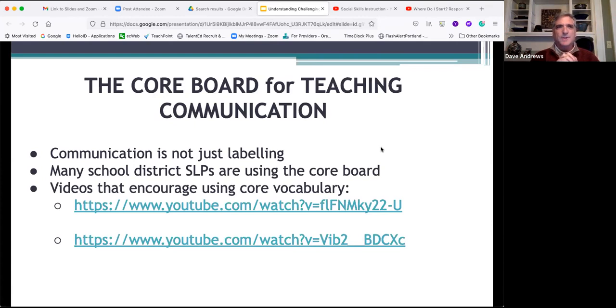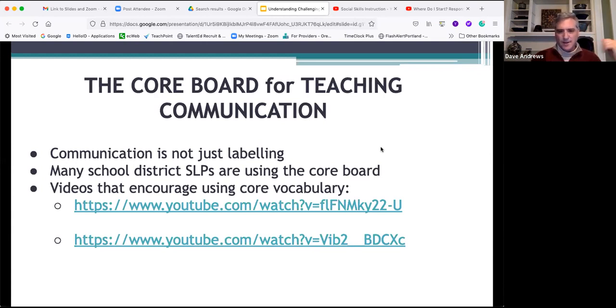And the core board consists of words that we use 70 to 80% of the time. So that includes words like I, need, open, in, out, off, on, all these different words that are not just labels.